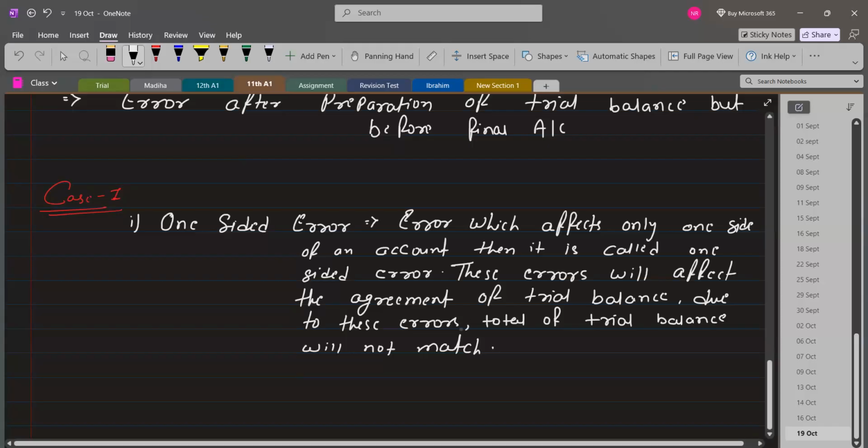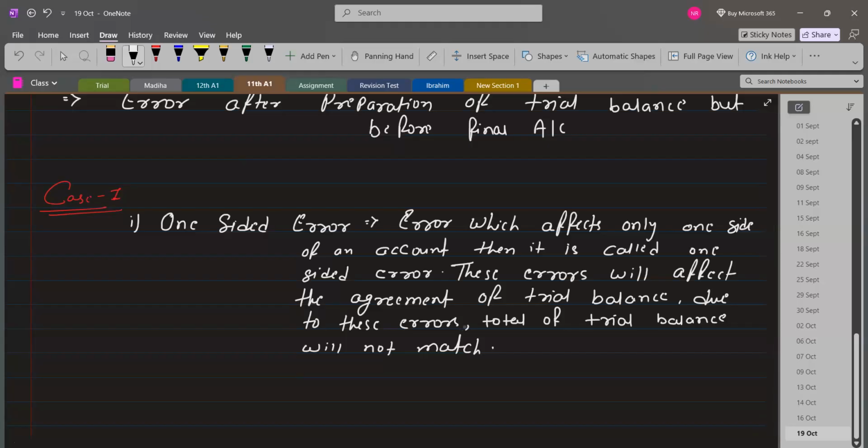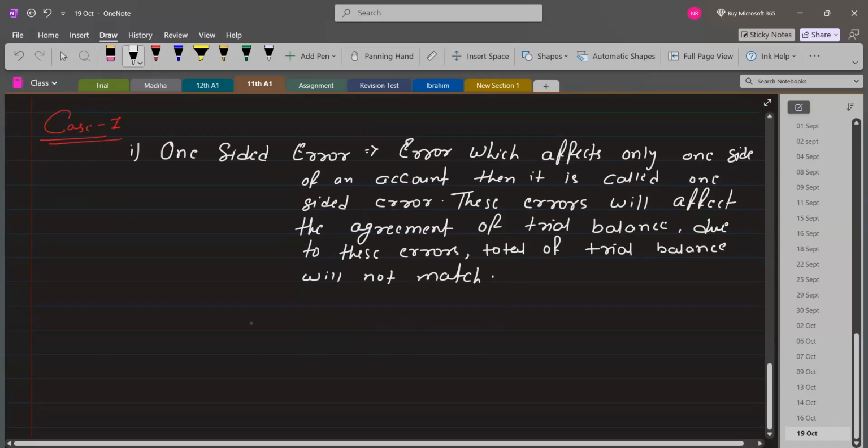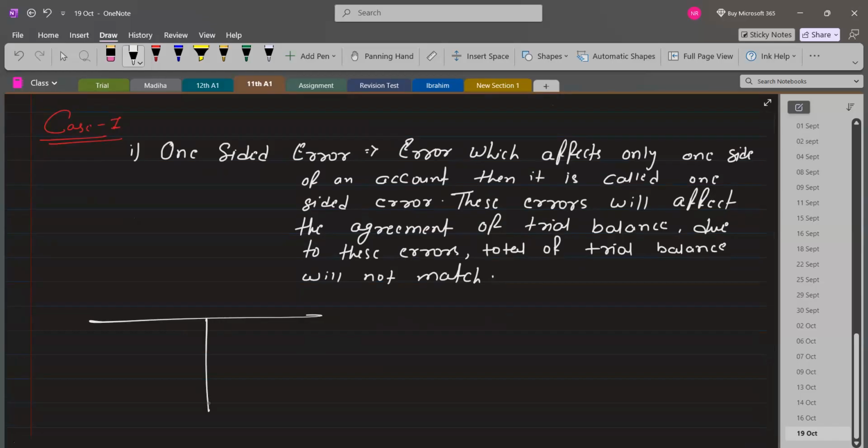So first of all, these are one-sided errors. One-sided error means, when you prepare ledger, it is not a mistake of journal. In journal, you cannot do one-sided error. So we cannot say that it is a mistake of journal.